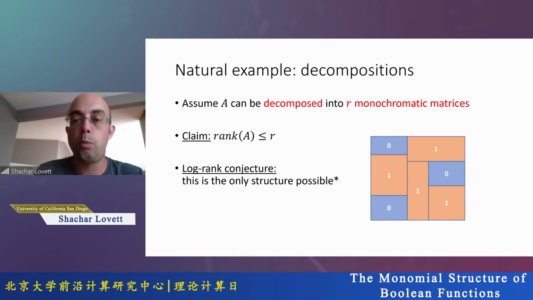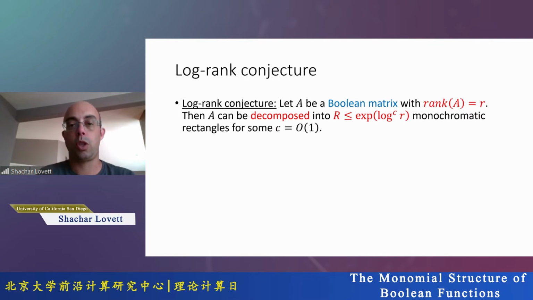More quantitatively, here's the conjecture. Let A be a Boolean matrix whose rank is r, and again, rank is always over the reals. Then you can decompose your matrix into a small number, capital R, which the conjecture says is at most quasi-polynomial in r, so exponential in polylog r, monochromatic rectangles, for some constant C.